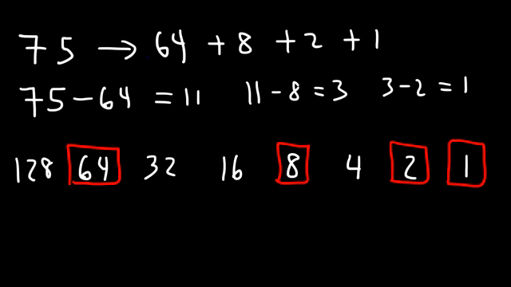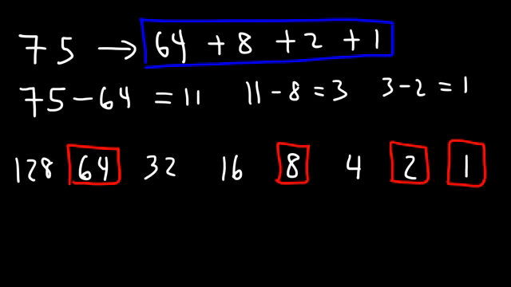Because if you add these numbers, 64 plus 8, that's 72, 72 plus 2 is 74, 74 plus 1 is 75. These 4 numbers add up to 75. Now once you have that, you can begin to write the numbers in binary. So because we have a 64, we're going to put a 1. We don't have a 32, so let's write a 0.